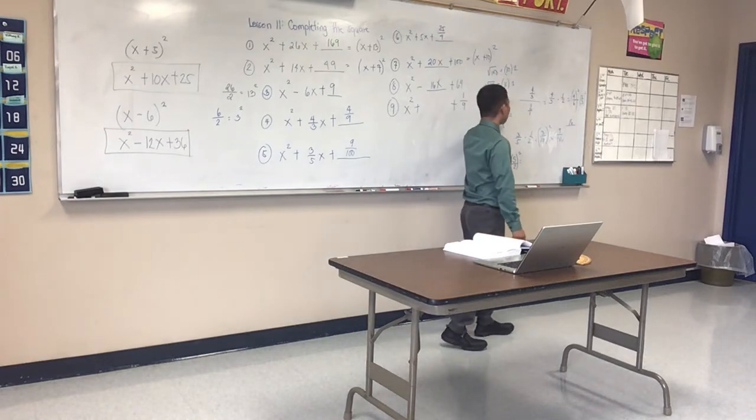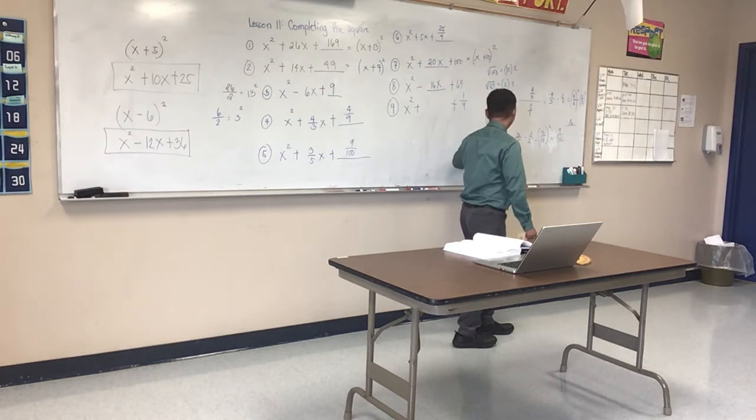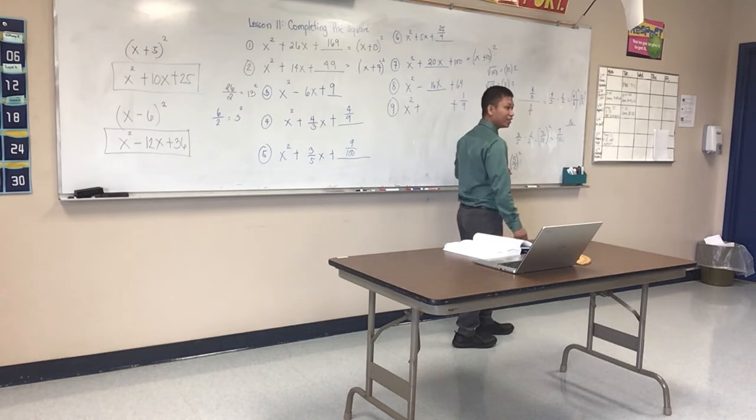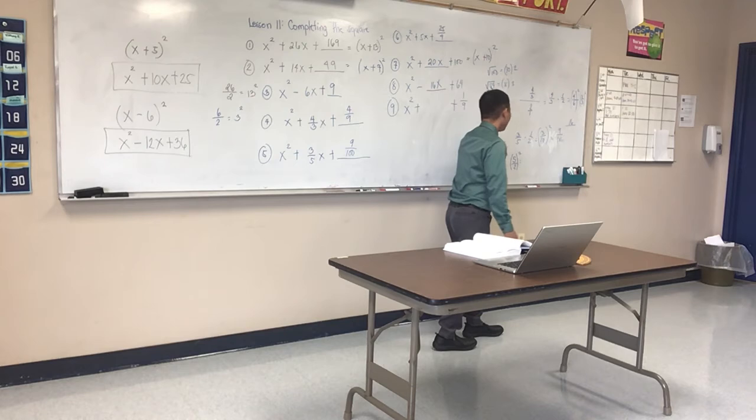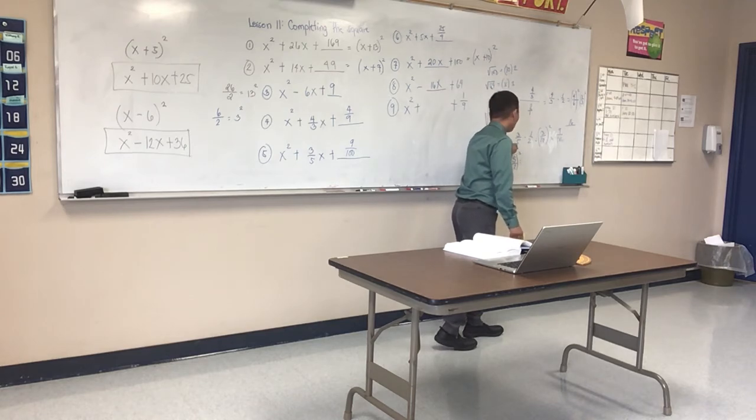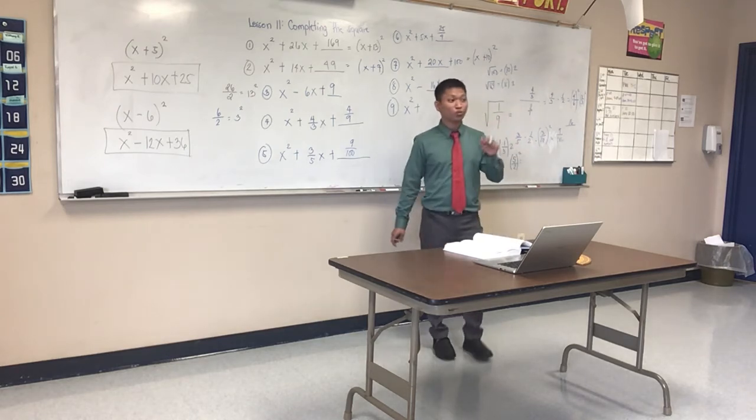That is the same as the square root of 1 over the square root of 9. The square root of 1 is 1. The square root of 9 is 3. We just multiply this one by 2. 1/3 times 2.